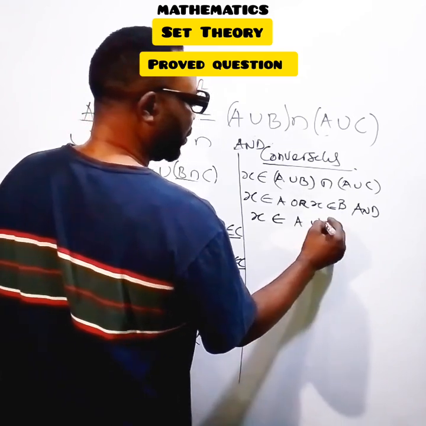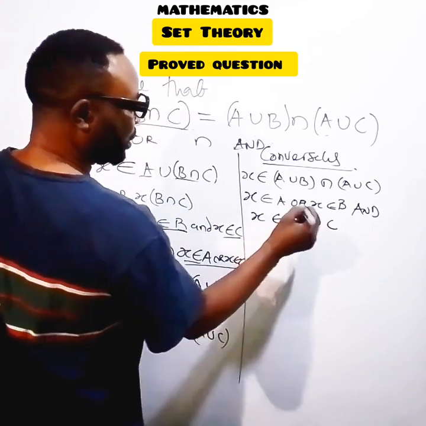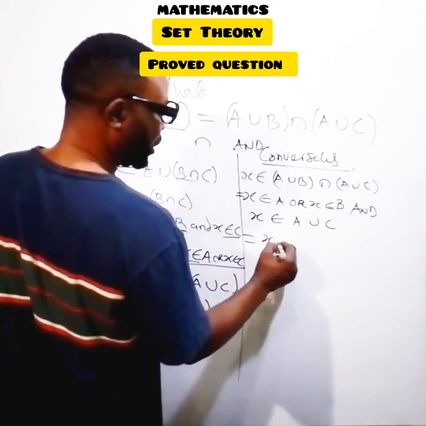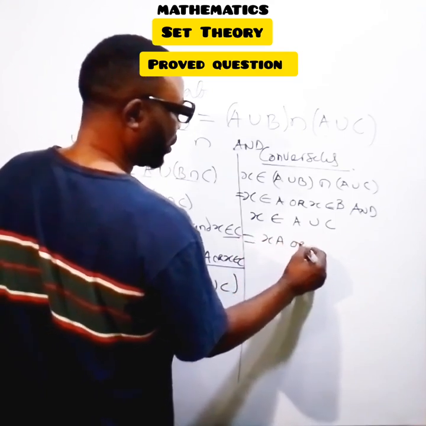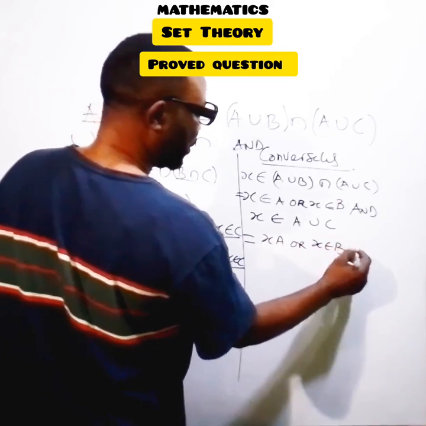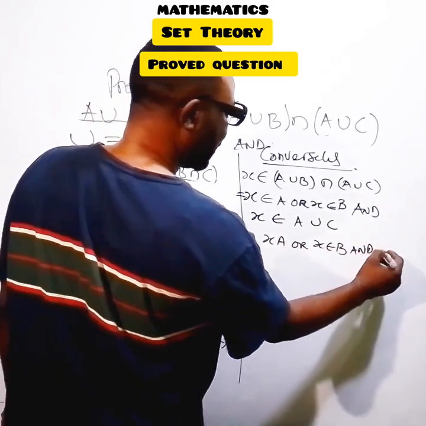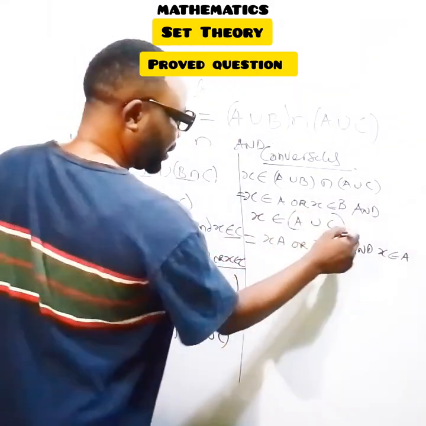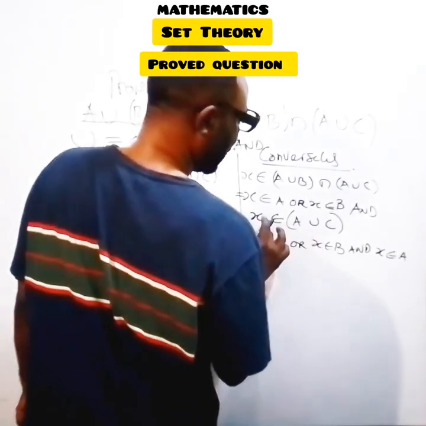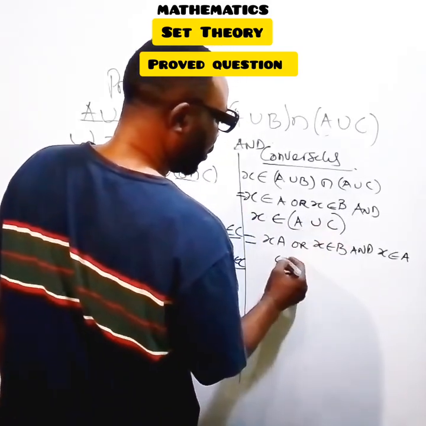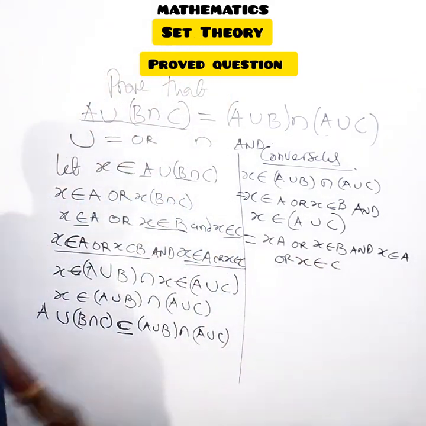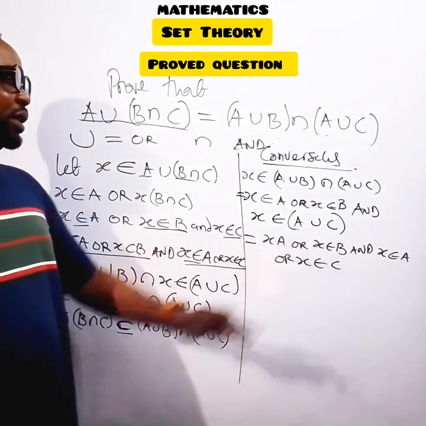A union C. So I can now split this to become: X is a member of A, or X is a member of B, and X is a member of A, or X is a member of C. We have been able to have it in this order.